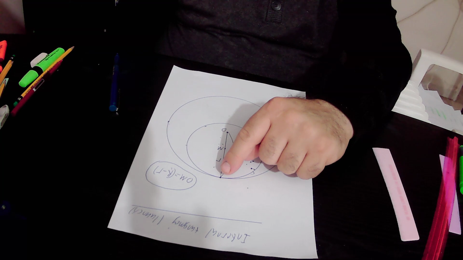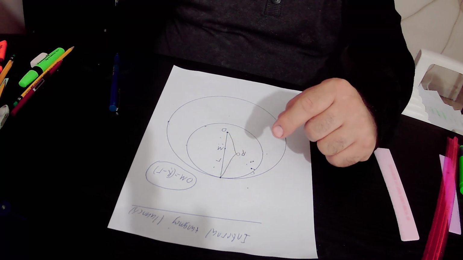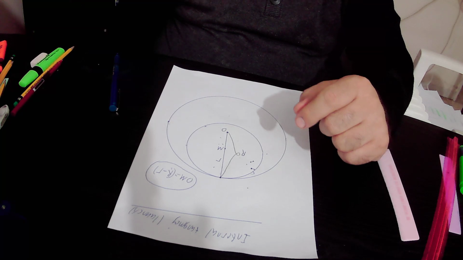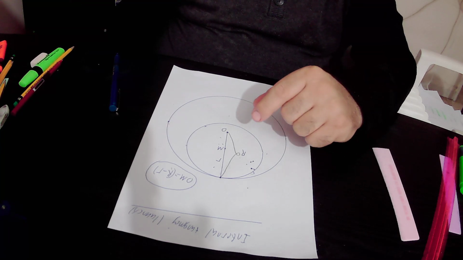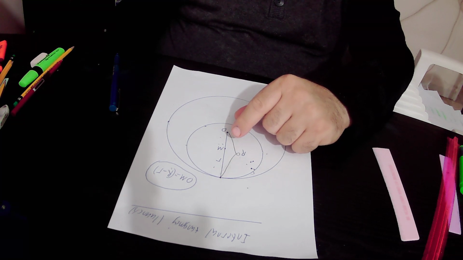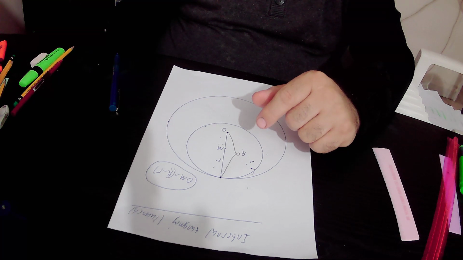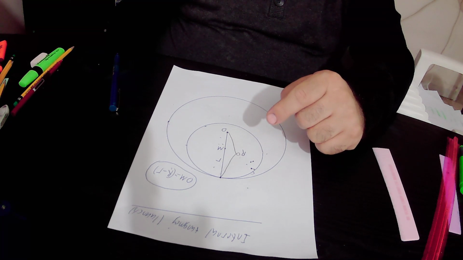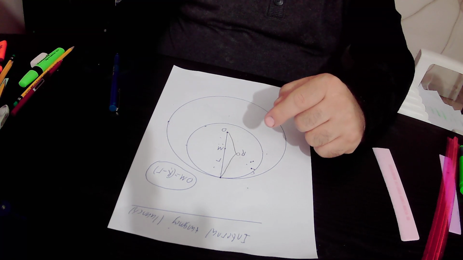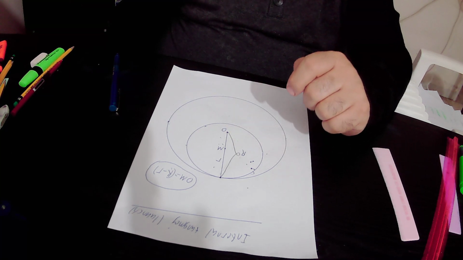This is the point of tangency. And in this case, the distance between the centers of the two circles, that is to say the length of line segment MO, will be equal to the difference between the lengths of their radii. In this case, it will be equal to capital R minus small r.